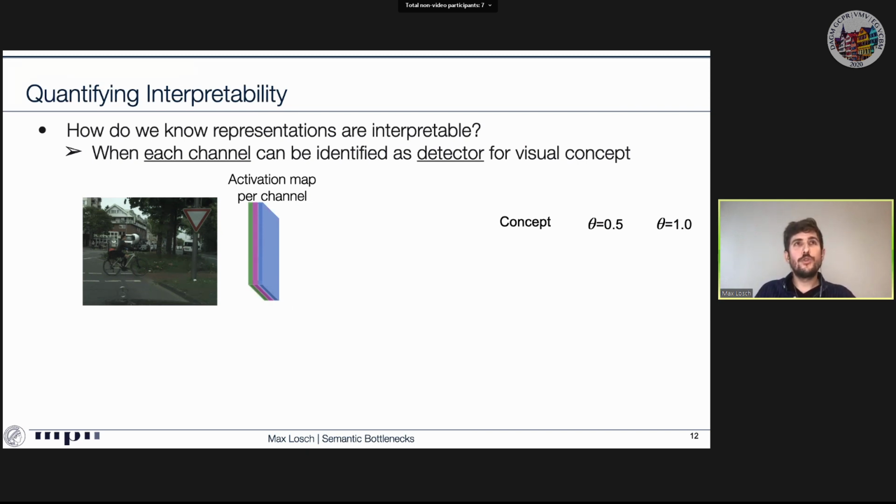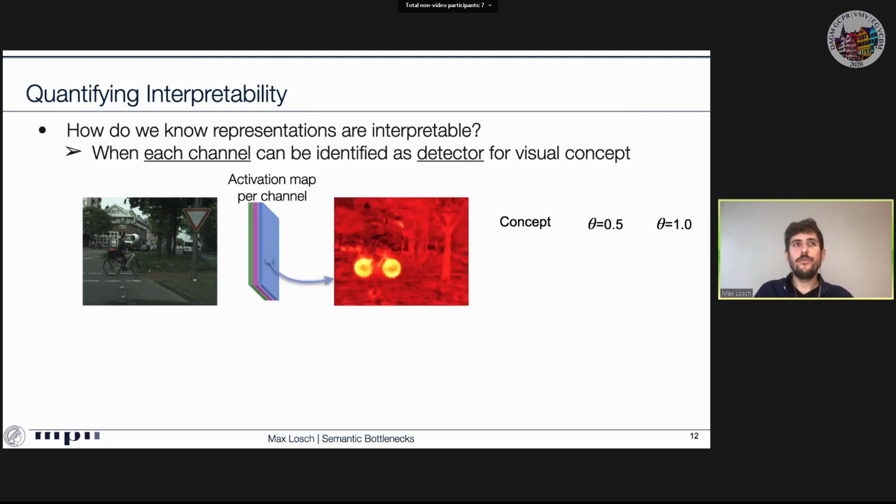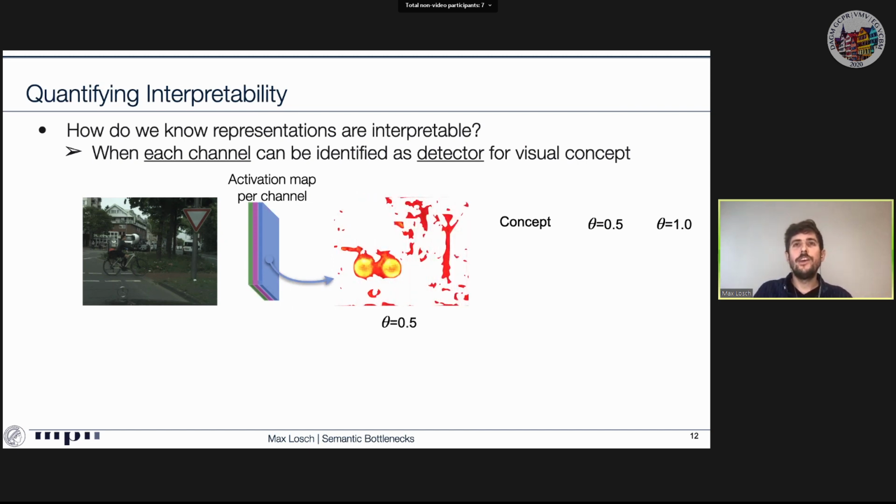So the question, of course, becomes, how do we actually quantify the interpretability of a layer? We start off by quantifying the interpretability of individual channels. The fundamental idea is that we consider each activation map or each channel as a binary detector, by looking at the activation map for a given image, thresholding it to a binary mask, and then comparing it to a set of visual concepts or attributes that are predefined in an annotated set.